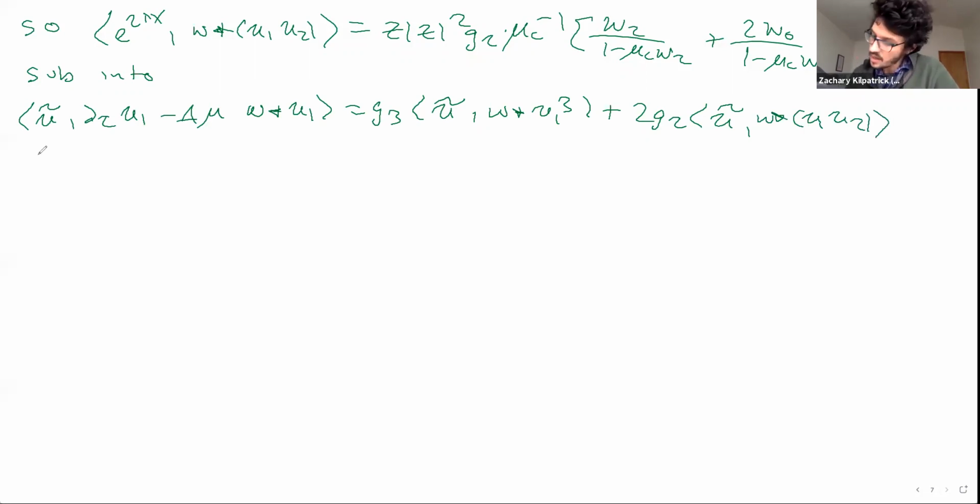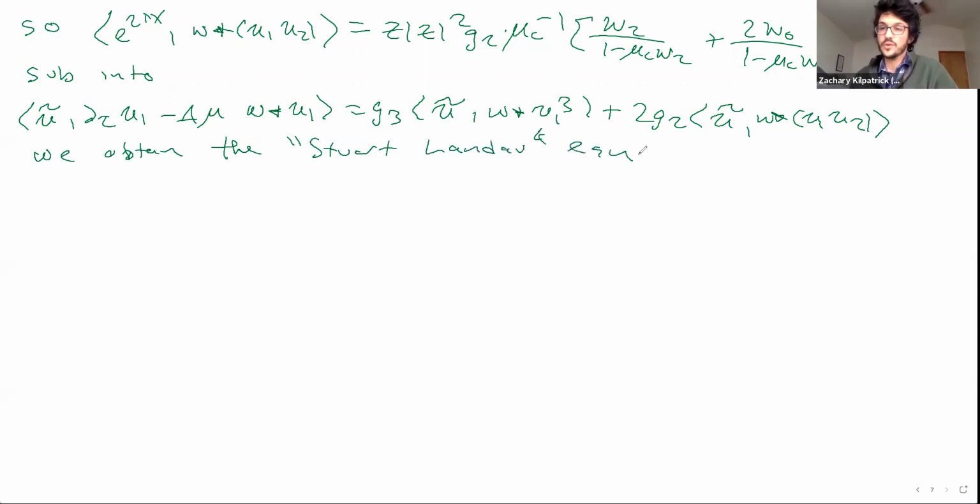Okay. We obtain, finally at long last, what's called the Stuart-Landau equation, which arises in pattern forming systems, amplitude equations for pattern forming systems.